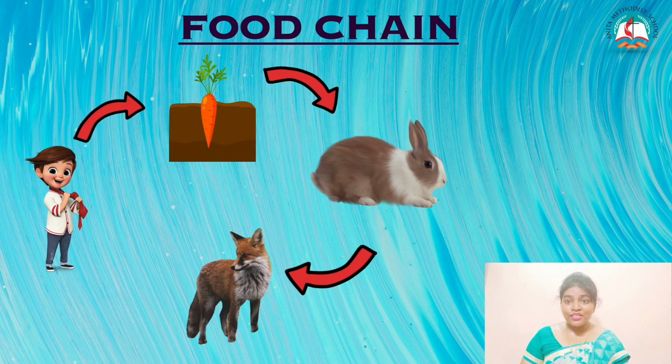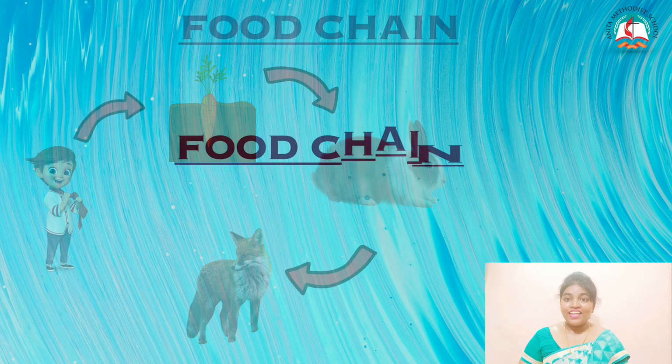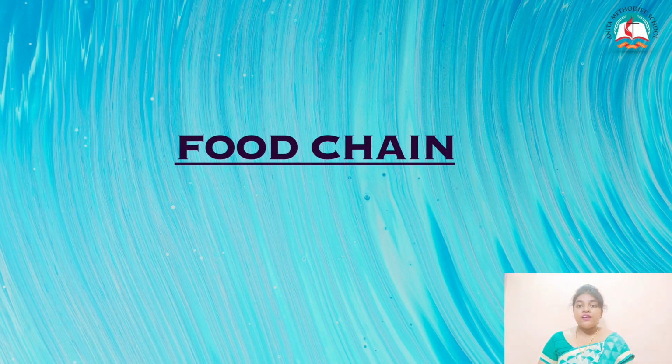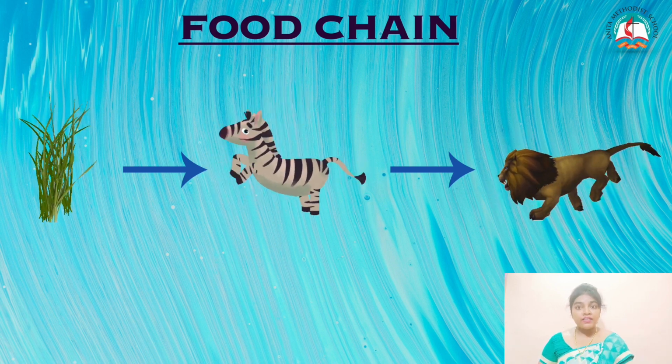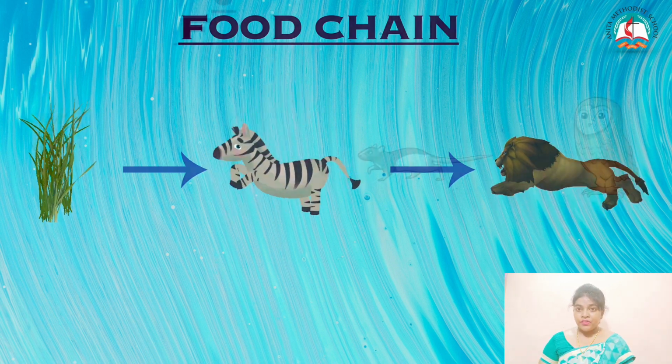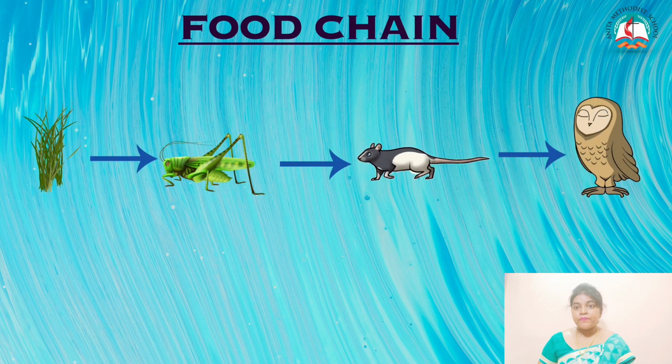So today's topic is about food chain. Let's see some more examples. Zebra eats the grass and lion hunts the zebra. Okay, one more example.